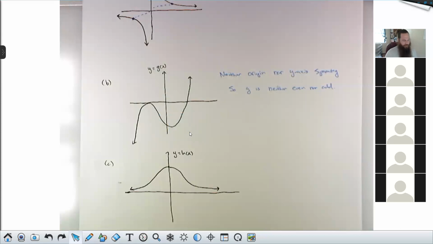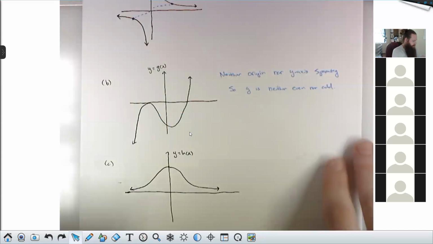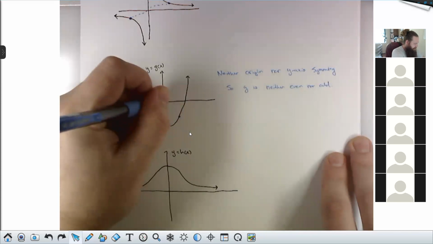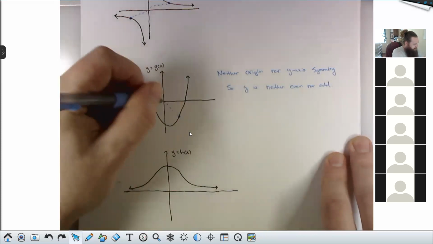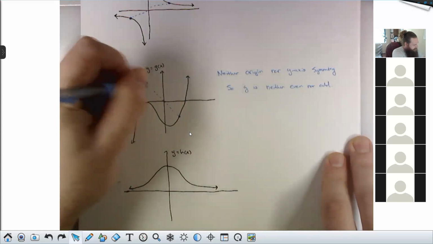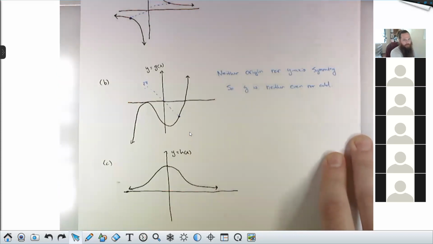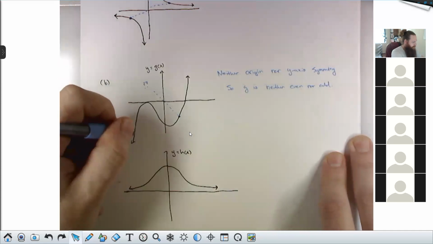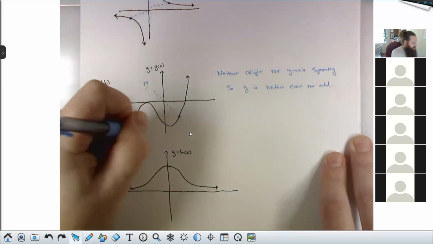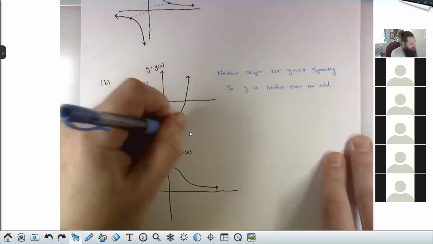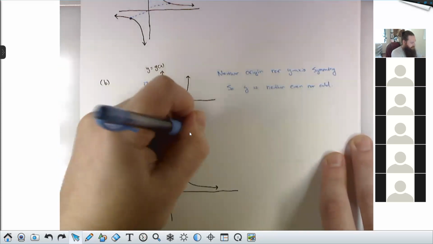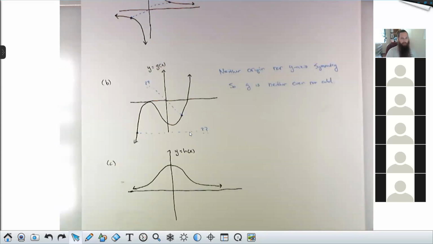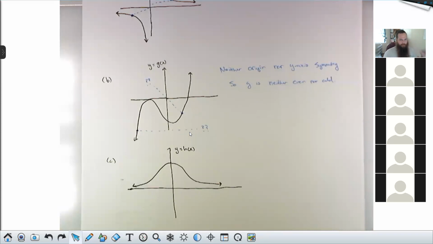If you reflect a point over here through the origin, there's nothing up here, right? And similarly, if I take a point down here and reflect it over the y-axis, there's nothing over here. So he exhibits neither of those symmetries. So he's neither even nor odd.